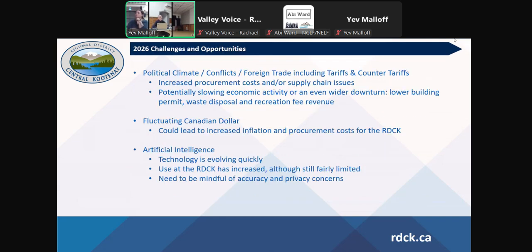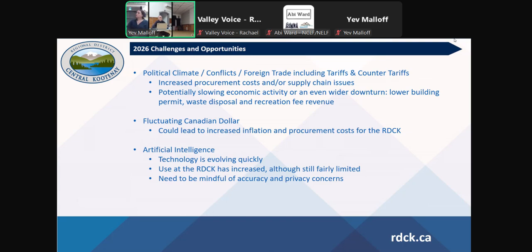Some other challenges and opportunities: political climate, global conflict, foreign trade, including tariffs and counter tariffs, has been increasing procurement costs, a risk that could go further. Supply chain issues, as well as energy costs. I'm sure many of you noticed the price at the local gas stations has already started to climb.